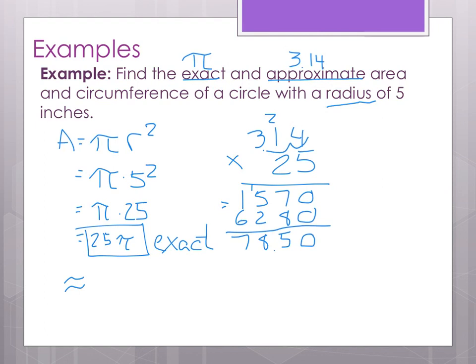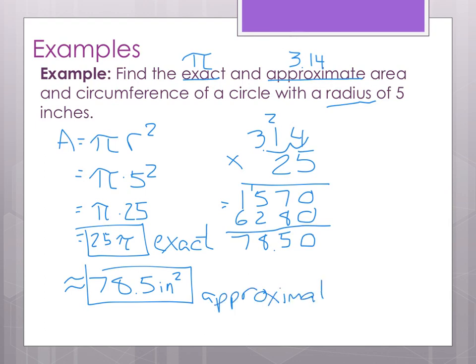So our approximate area would be 78.5, and area is going to be measured in inches squared. We use square units for area. So this is going to be our approximate answer. So we've got exact and approximate answers for the area here. Now give me just one moment. I'm going to clear this up, make a little bit of room, and then we'll do the circumference.